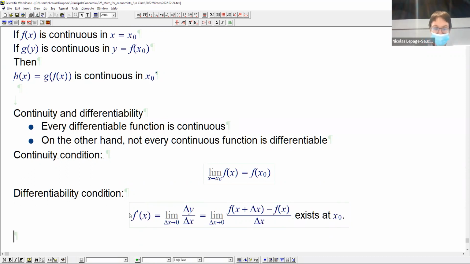So, just saying a bit the same thing: differentiability is a more restrictive condition than continuity.